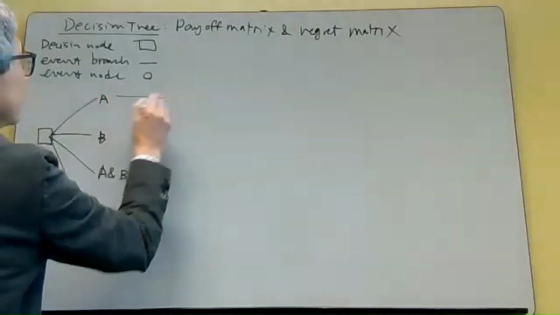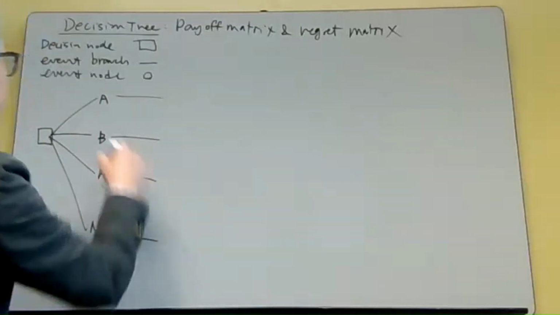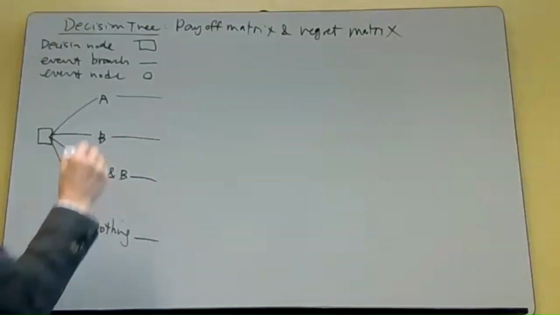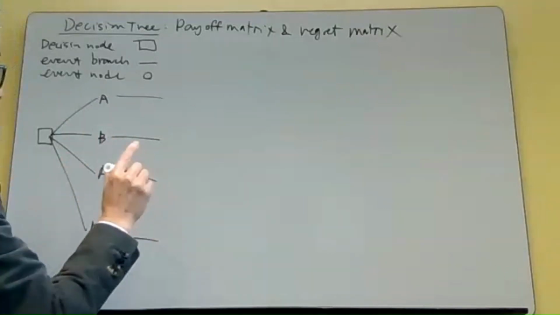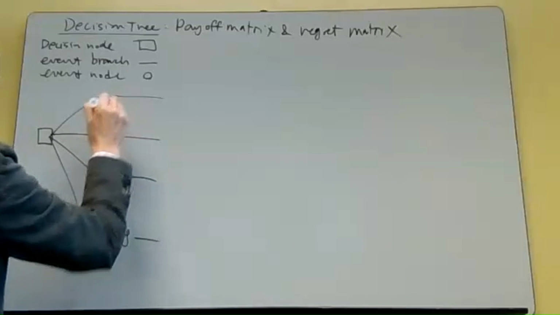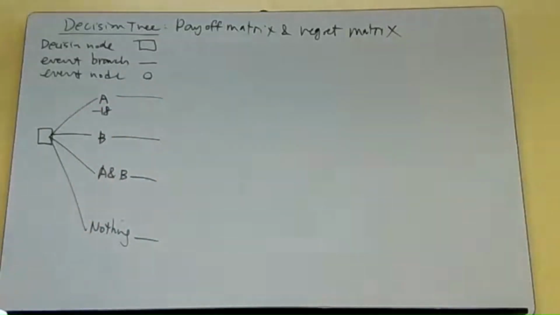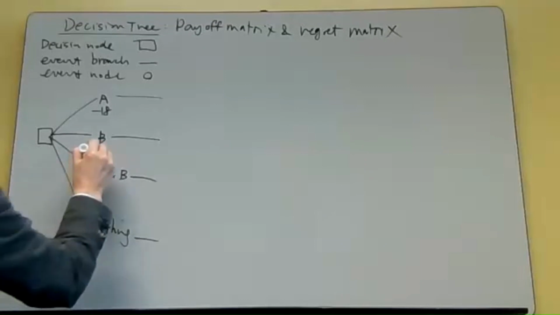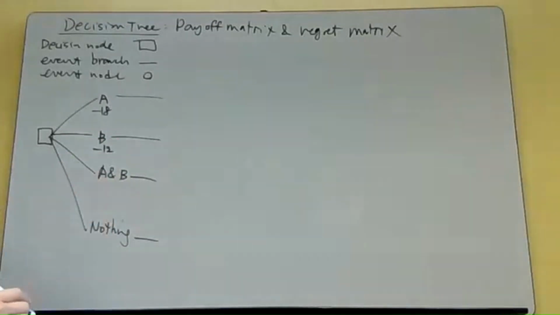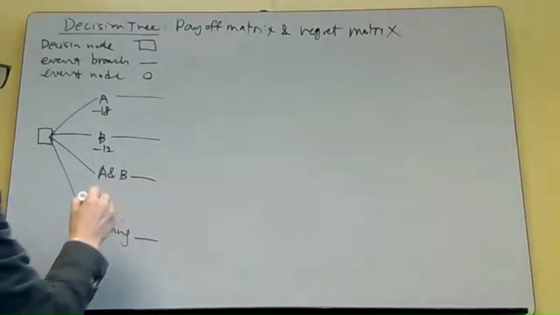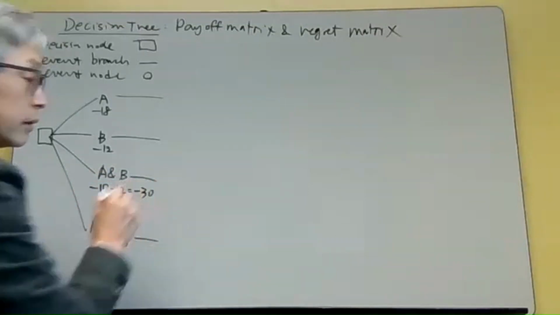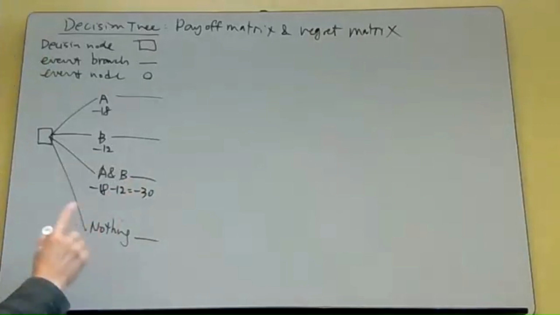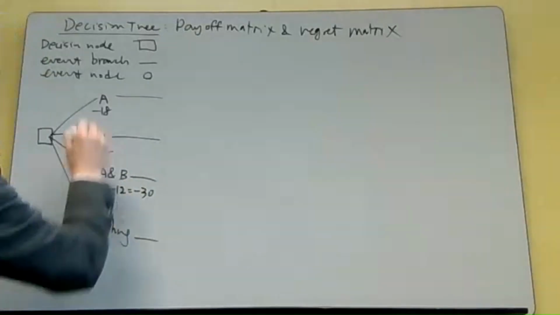So buy A, you need to pay $18 million, right? From your account, $18 million will be taken out. And if you buy B, it's going to be $12 million. Then buy both, 18 plus 12, $30 million, and if you buy nothing, it's $0.